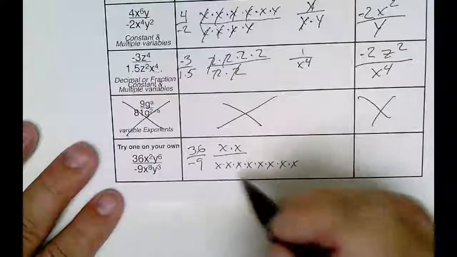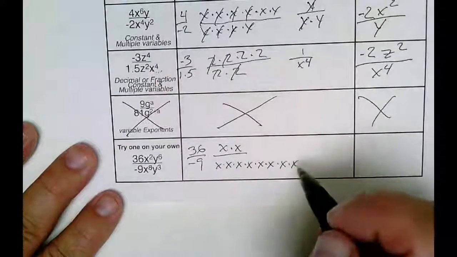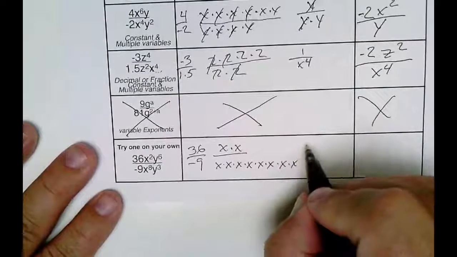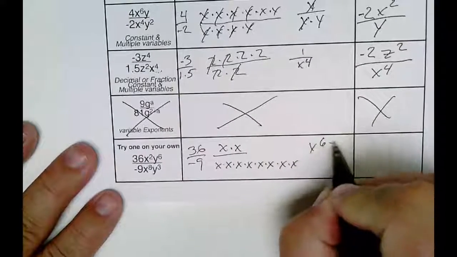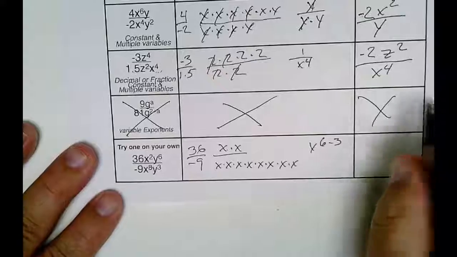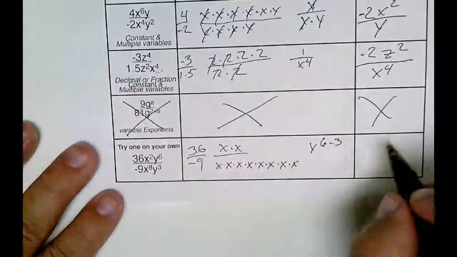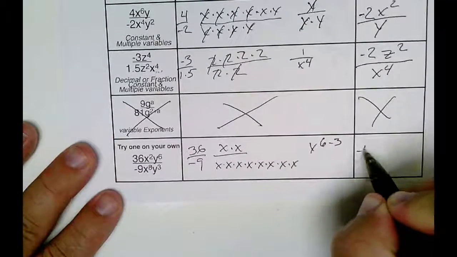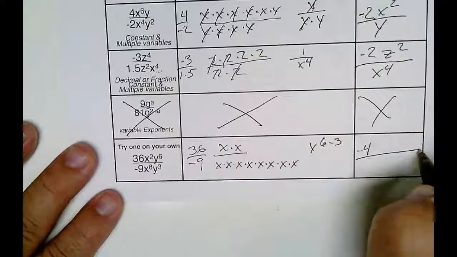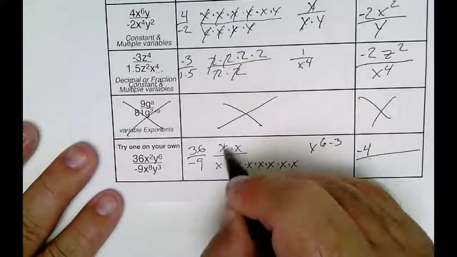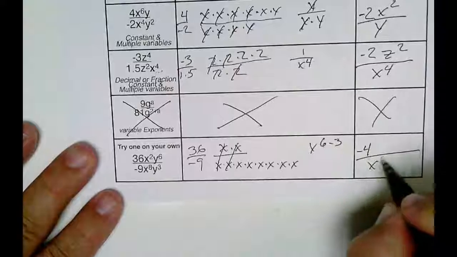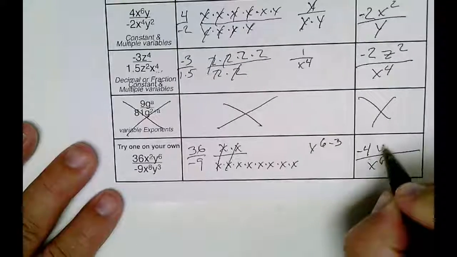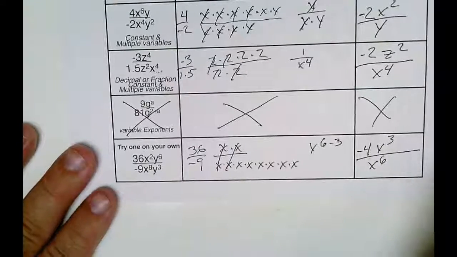And again, if you can get the subtraction, you don't have to worry about this. So I'll do this one here, y, 6 minus 3. Negative 9 goes into 36 negative 4 times. If I cross these out, I'm left with 6 x's on the bottom. If I do my math, I have 3 y's on top.